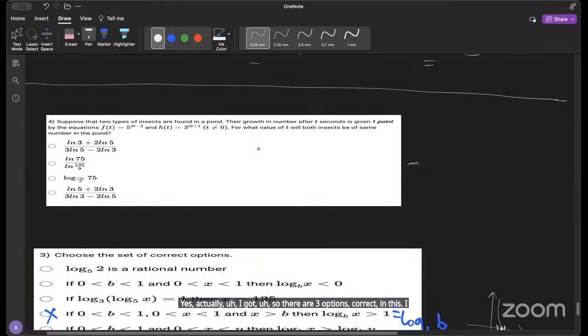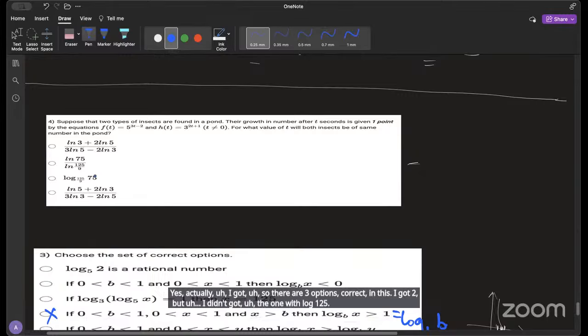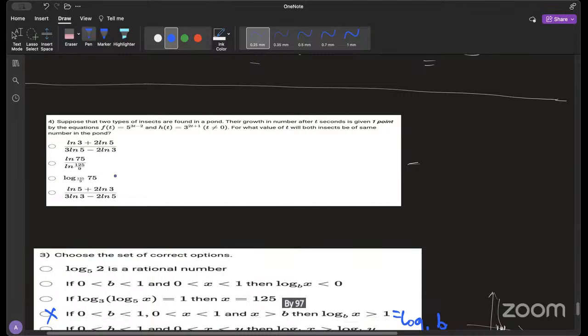I got 2, but I didn't get the one with log 125 by 975, with the base. This one? Yes. That's a base change. If the second option is this, then the first one's correct, yeah. Ma'am, if the first one's correct, then the first, second, third, all three options are correct.